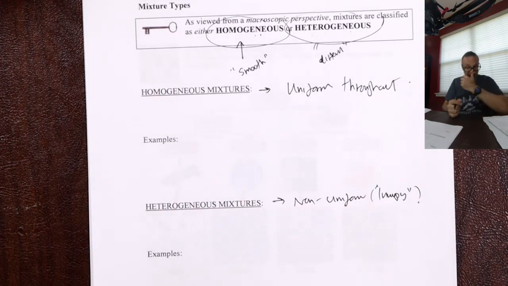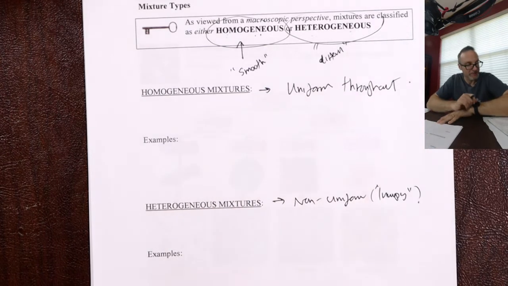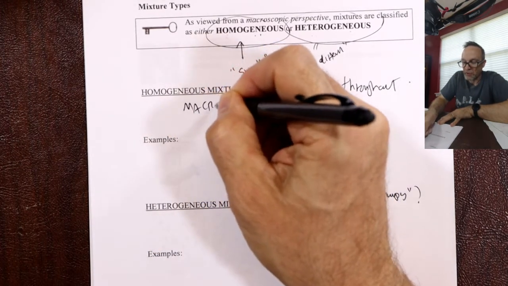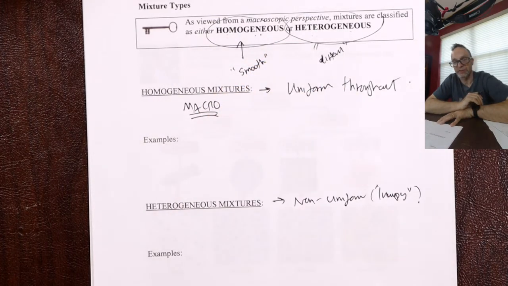You can tell me if this is a homogeneous or heterogeneous mixture, okay? Fresh milk. Now, it doesn't matter what's going on at the microscopic level, it's what it looks like in your hand. So these are macroscopic determinations, right? So look at a glass of milk. Is it the same all the way through, or can you see different areas of different stuff? Well, fresh milk's the same all the way through, right?